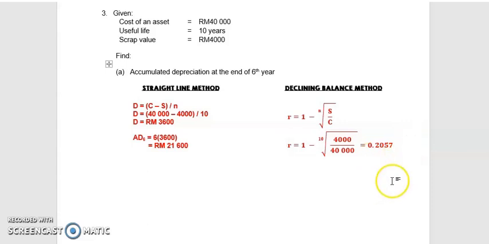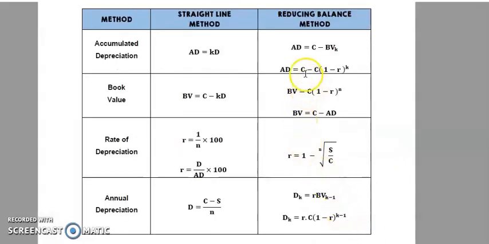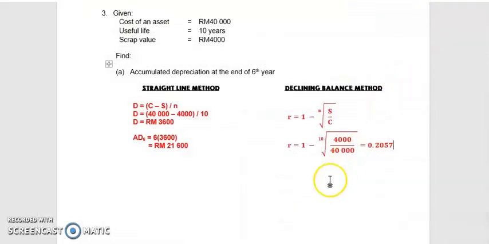So in 1 year it depreciates by 20.57%. For the declining balance method, the accumulated depreciation AD equals C minus book value.